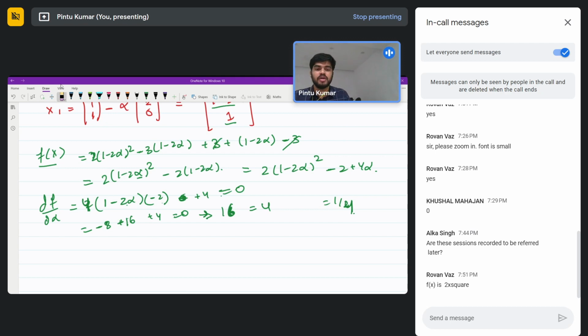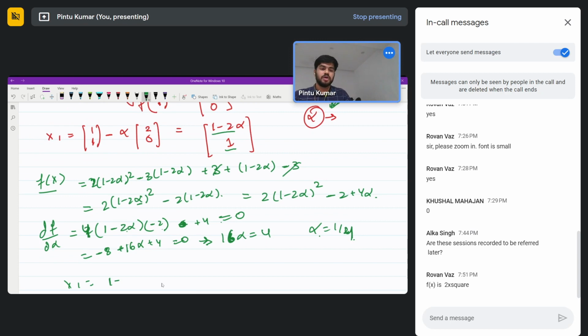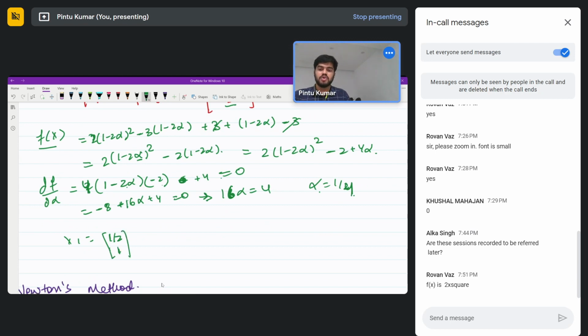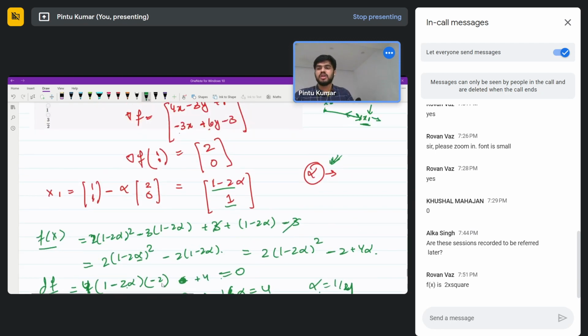So we have got alpha is equal to 1 by 4. Okay. So we got our x1 point to be 1 minus 2 alpha. This is 1 minus 1 by 2. This is 1 by 2. And second term is 1. So we have to find the value of x1, right? That you can easily do by just putting it over here.